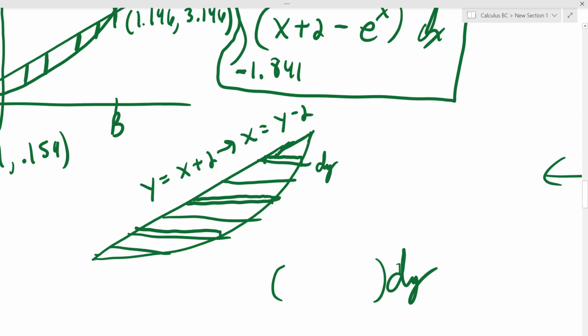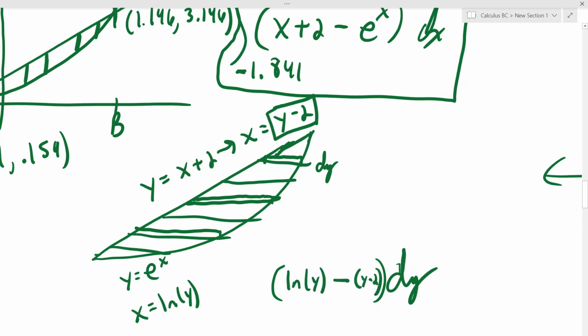Y equals x plus 2 and x equals y minus 2. They're the same thing. So this is the left side of every single one of those rectangles. And on the right side, it should be e to the x. But if I solve that for x, I get x equals ln y. So the width of those rectangles is ln of y minus 2. That's going to find the same exact area.